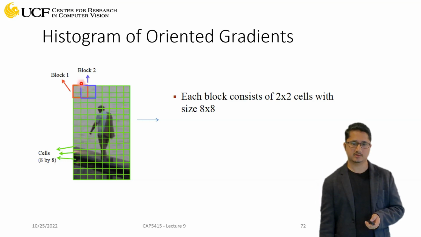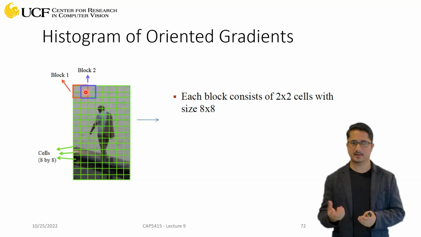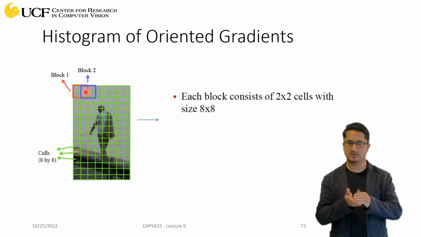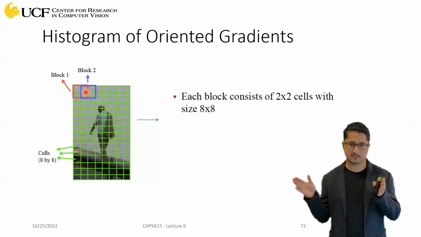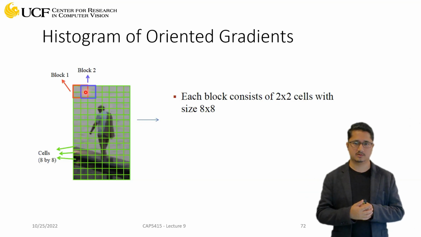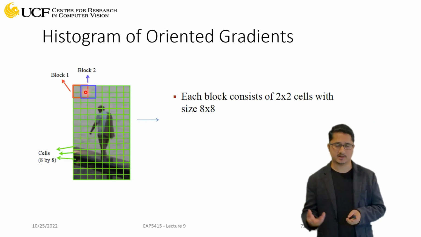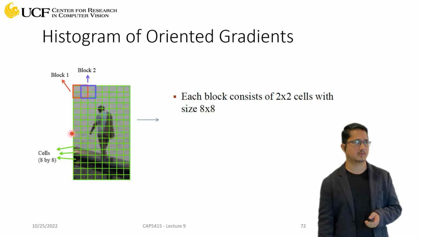Okay, and then again, you slide the block. And again, you extract the feature, and you do that all over again. And at the end, for each block, you will have some set of features. So you just concatenate all those features together, and that will be a very huge feature vector, and that will represent your image. Okay, so that's how it works if you have to extract features using HOG from a big image.